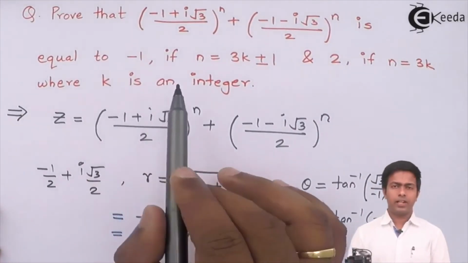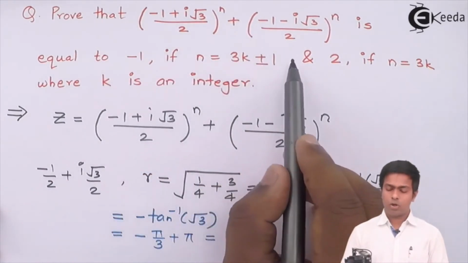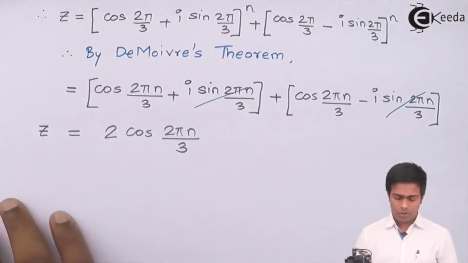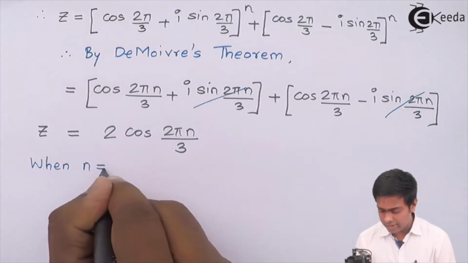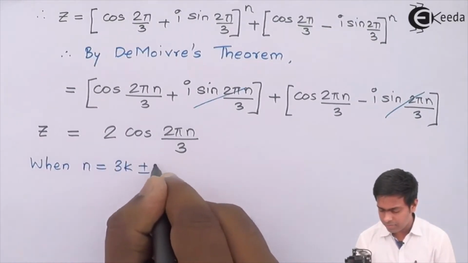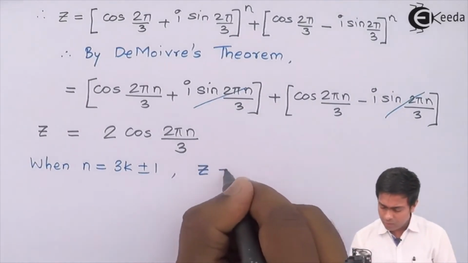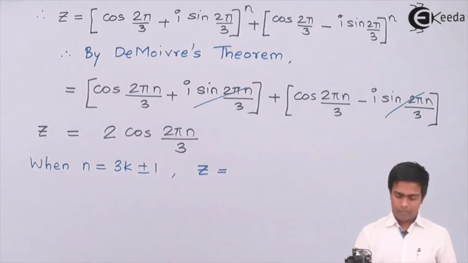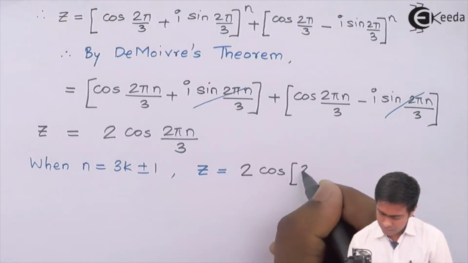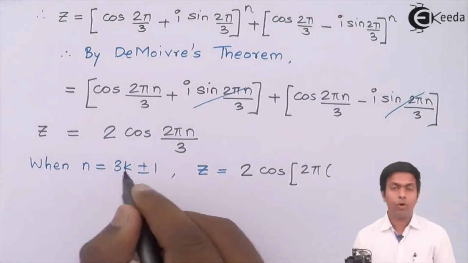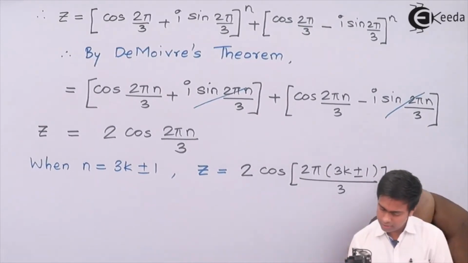So let's start with the conditions. The first condition is given: if n is 3k plus or minus 1. So when the value of n equals 3k plus or minus 1, let's see what happens. At that time z will be 2 times cos of 2 pi times (3k plus or minus 1) upon 3.